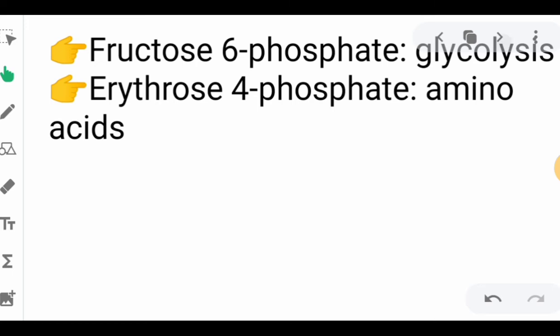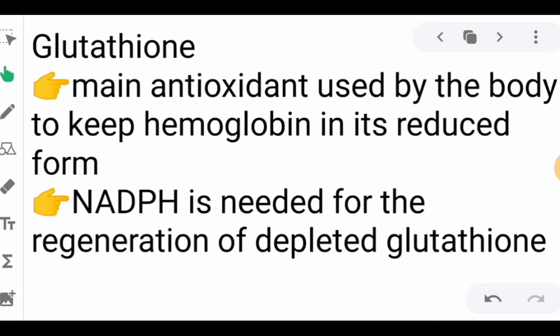Then, one of the functions of the reduced form is in glutathione. Glutathione is the main antioxidant used by the body to keep hemoglobin in its reduced form. To keep this going, the body needs the reduced form for the regeneration of the depleted glutathione, which is continuously being used on the hemoglobin.